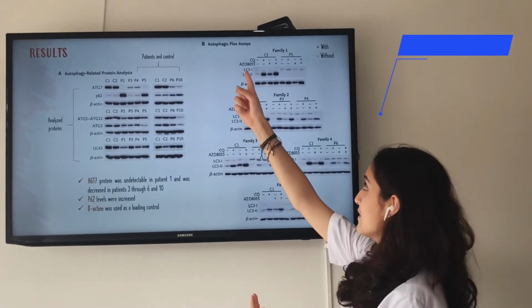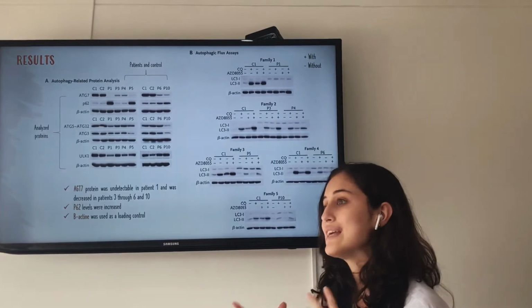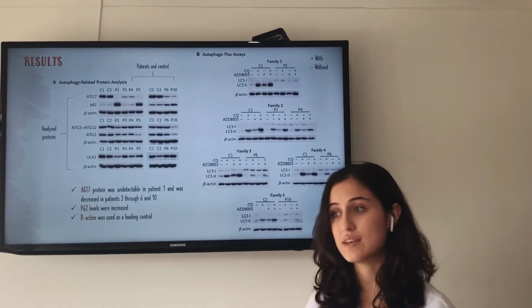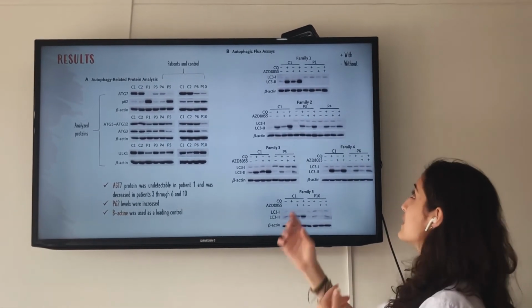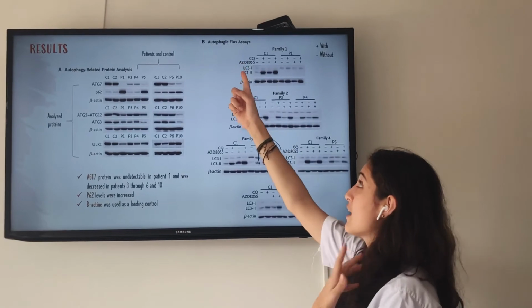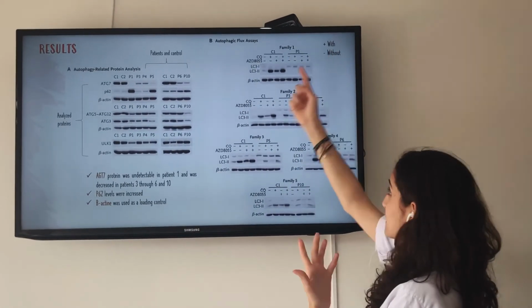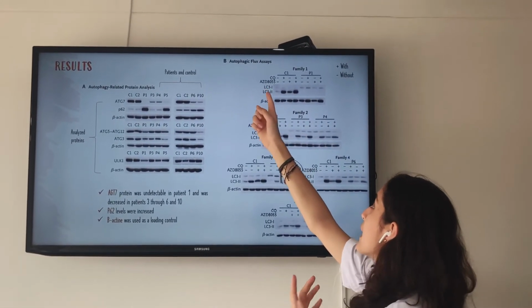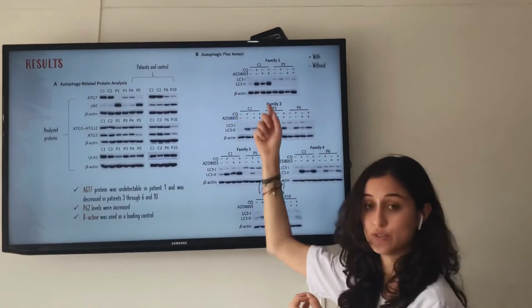So by adding this, cell proliferation is inhibited, which is like stimulating autophagy. Chloroquine is the opposite. It inhibits autophagy. So here we have that even after adding an autophagy inducer, in, for example, family 1, patient 1, we have little LC3I and little LC3II.